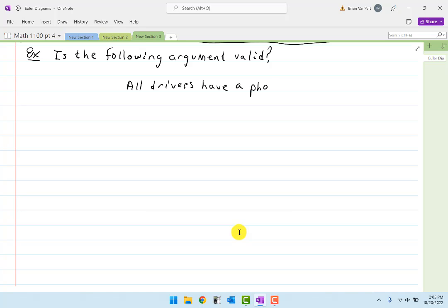As a matter of fact, that is not actually true in real life, but that doesn't matter. Since we write it as one of the premises, we assume it to be true. K has a photo ID. Therefore, K is a driver.